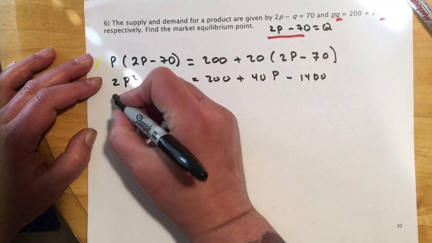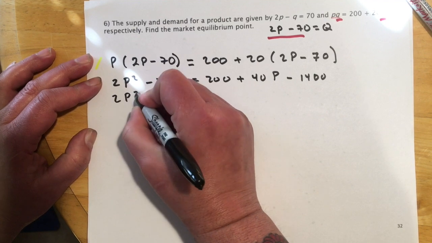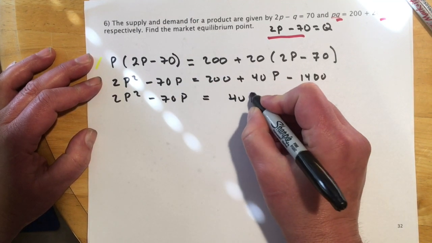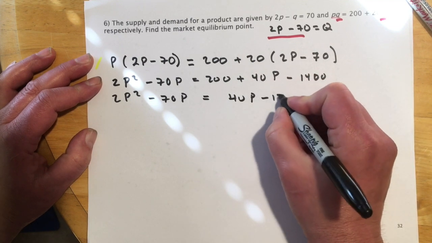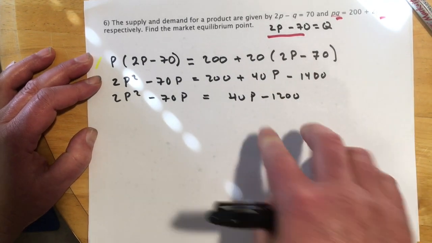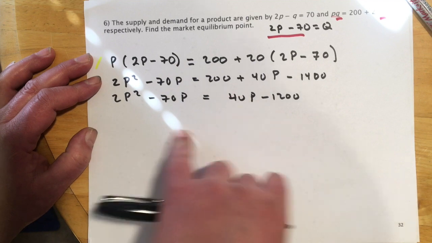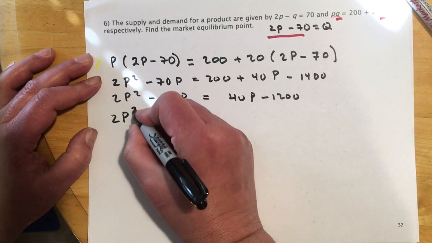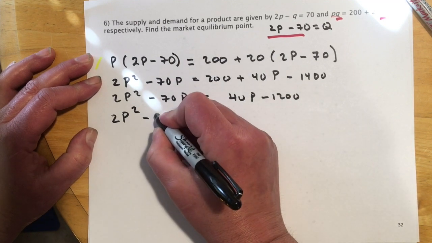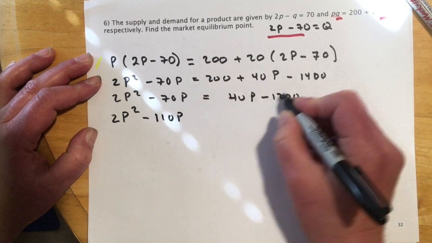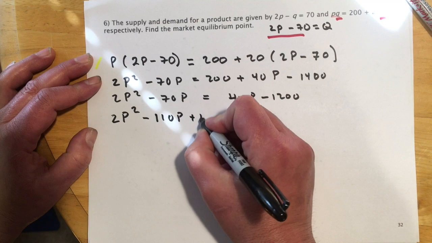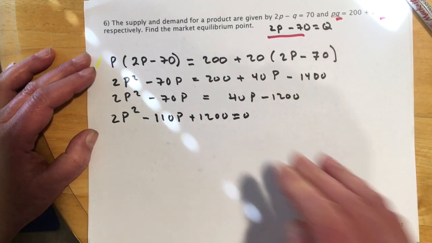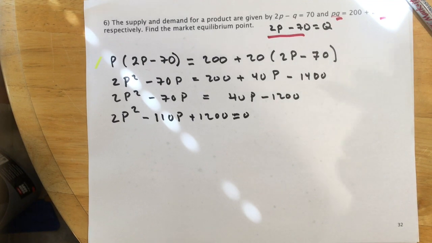So actually, before I do that, maybe I'll collect terms first: 2p squared minus 70p equals 40p, and then 200 minus that would be minus 1200. So now I'm going to subtract this one over and add this one over. So that will be 2p squared minus 110p, and it'll be a plus 1200 when I bring it over. So now I have a quadratic equal to 0, so that means we can use the quadratic formula.